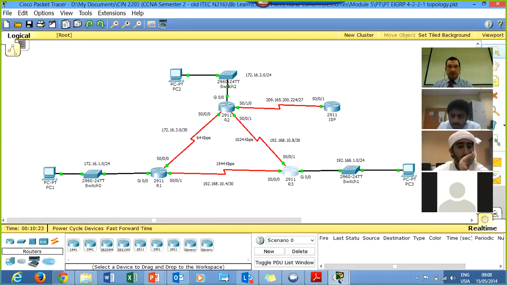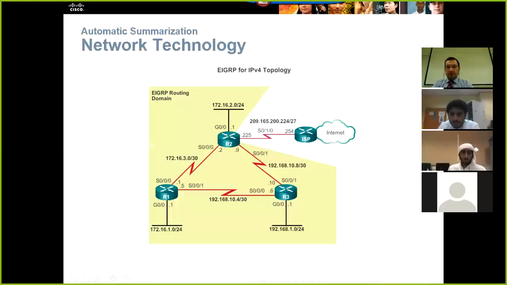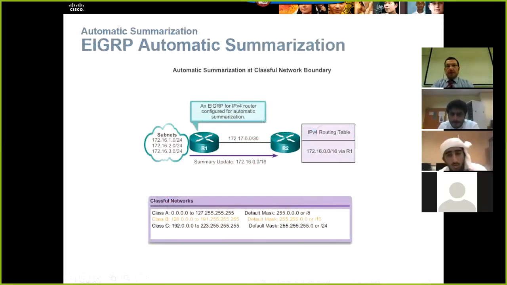Remember, this is the Packet Tracer example that we had, which reflects this teaching topology. Now, we understand that by default, EIGRP will automatically summarize, correct?